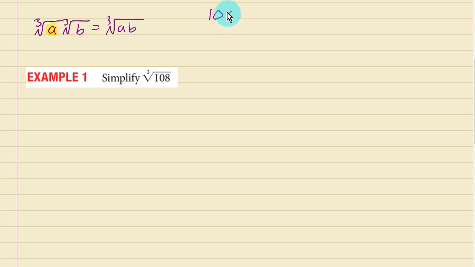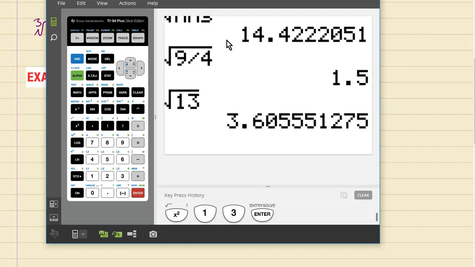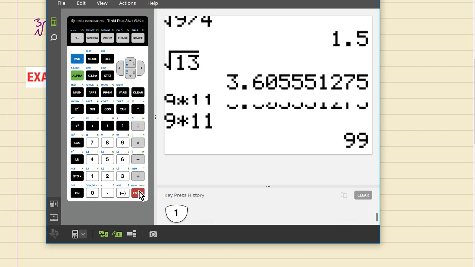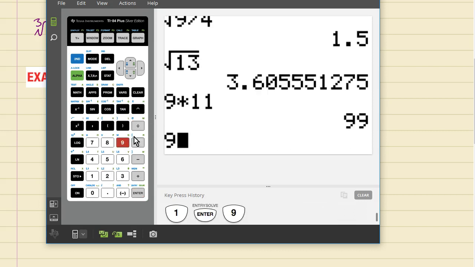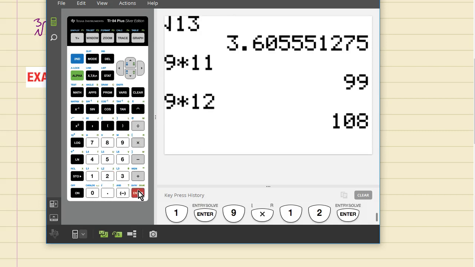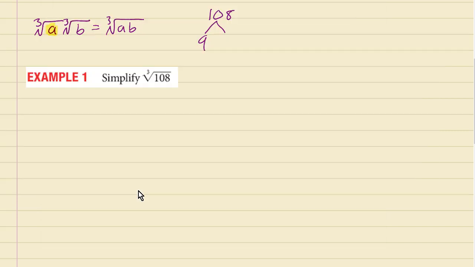So maybe you remember how to do an old school factor tree where you try to get numbers that multiply together to make 108. Well, I know that 9 goes into 108. So let's see. 9 times 11, is that 108? Oh, no. 9 times 12 is 108. So I'm going to write this here as 9 times 12 like that.